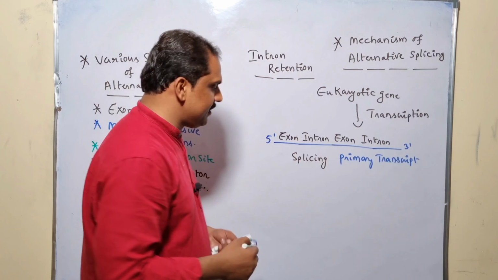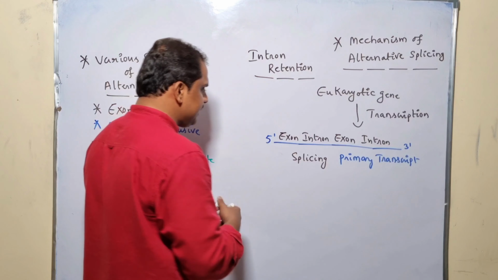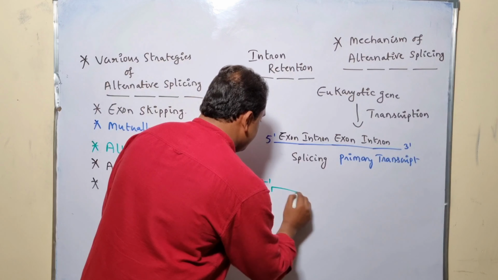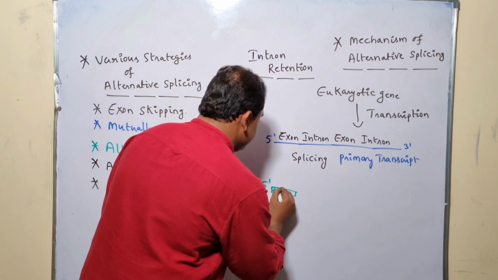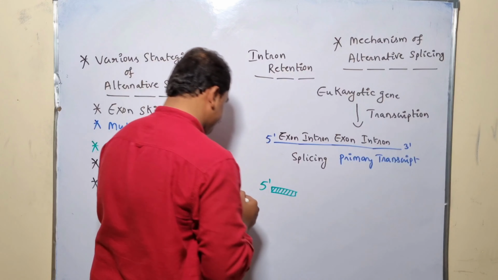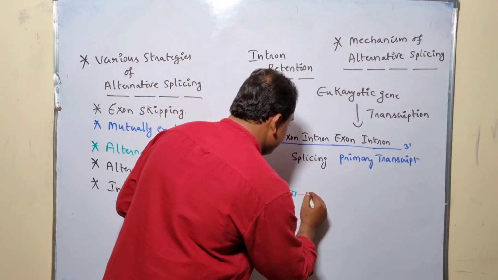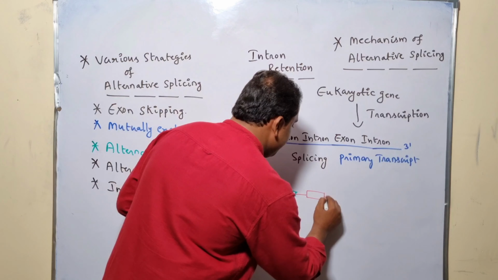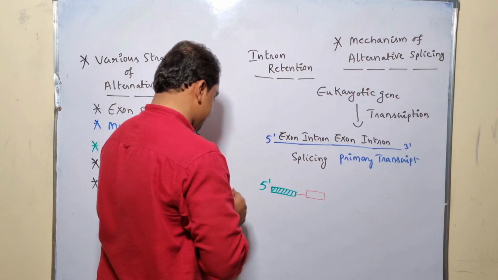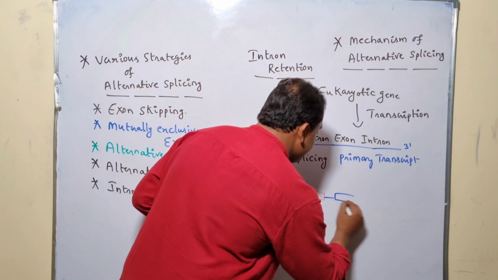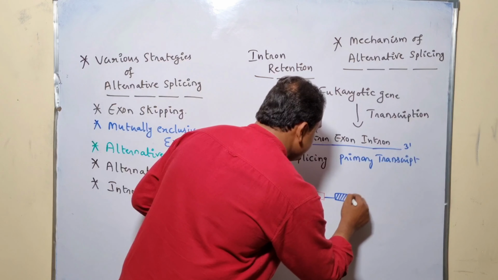Is it clear? So here let us consider exon 1. And here there is an availability of intron, and here there is an availability of exon 2.